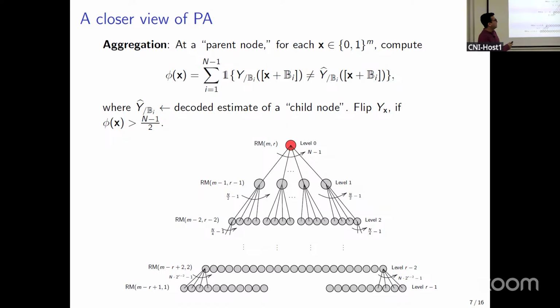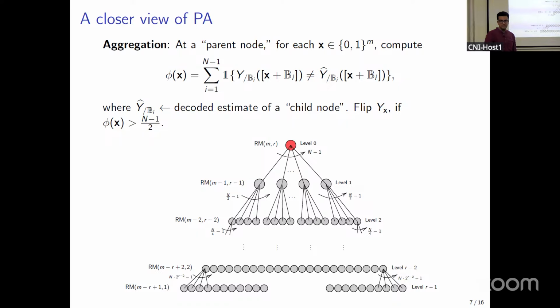The comparison is via an indicator function that you see here. It checks how many among the n-1 projections that you have, how many subspaces are such that y at x plus that subspace is different from y hat at x plus that subspace.